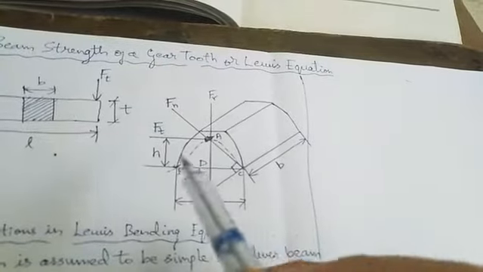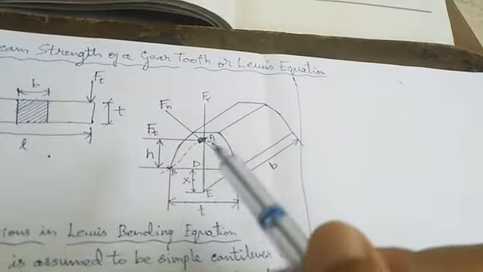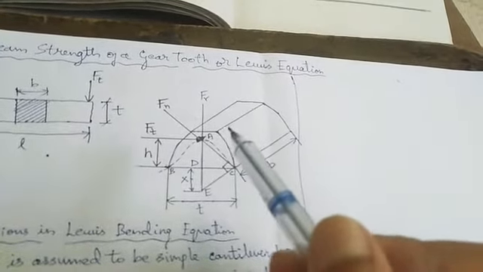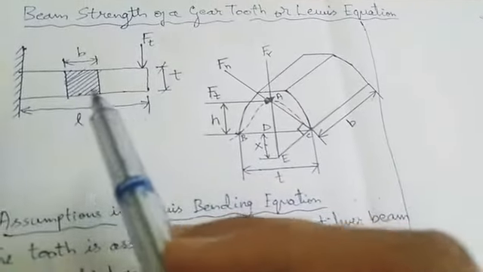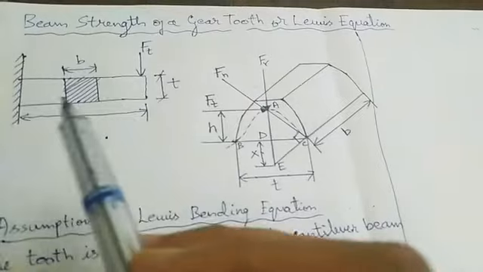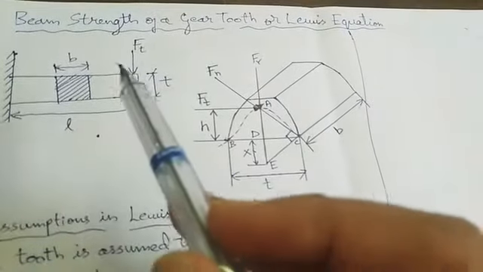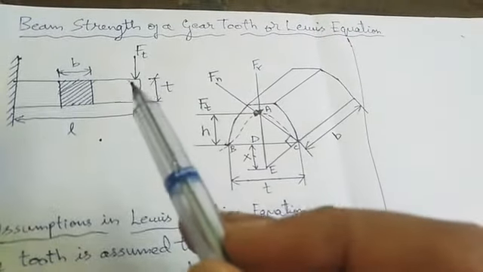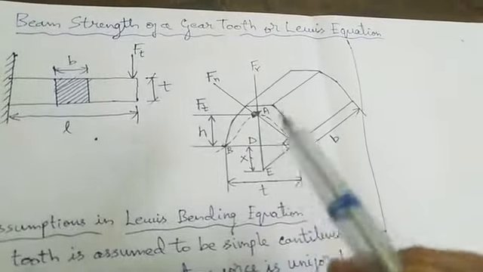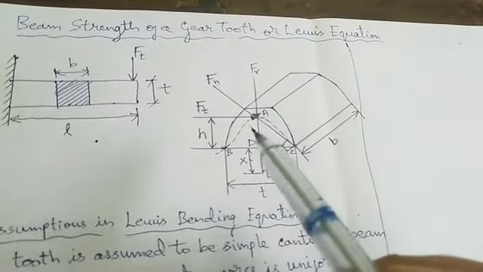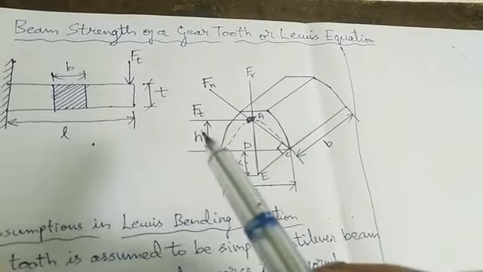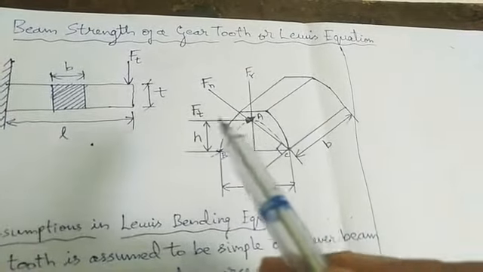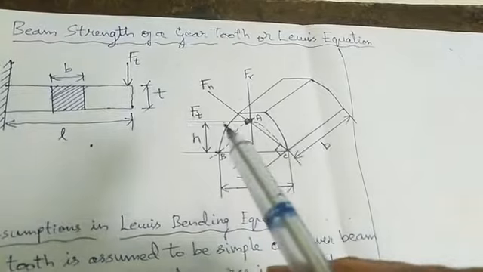So now we are analyzing this gear tooth by considering it as a beam fixed at one end. As you can see here, this is a cantilever beam fixed at one end, and the force is acting at the free end. We are considering the cantilever beam fixed at this end, and the force Ft is acting at the free end.